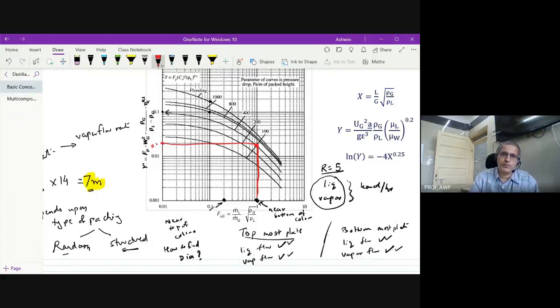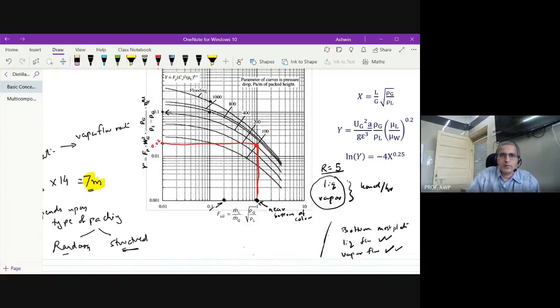So 0.02. So I want the value of this y prime to be 0.02. What is y prime? That is this number.